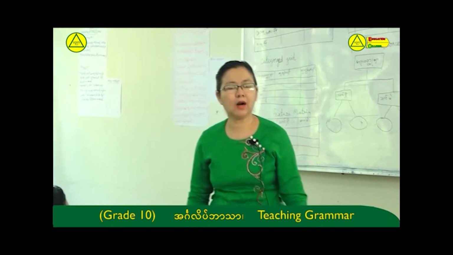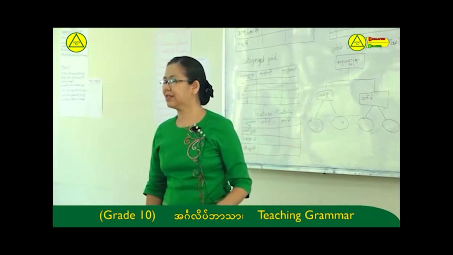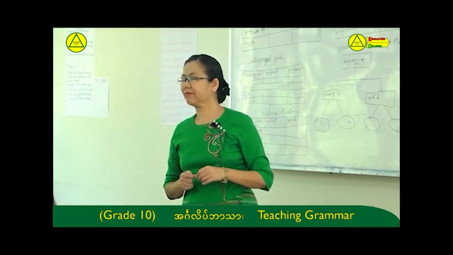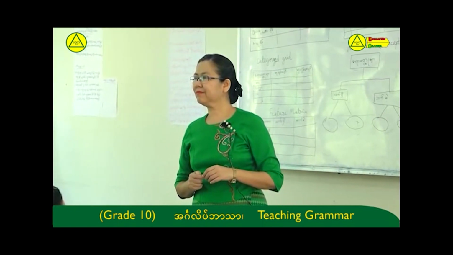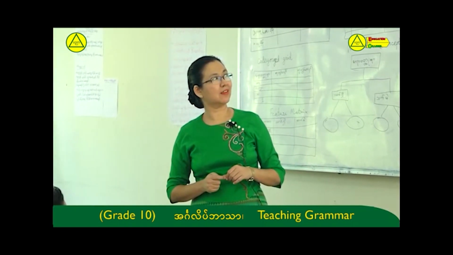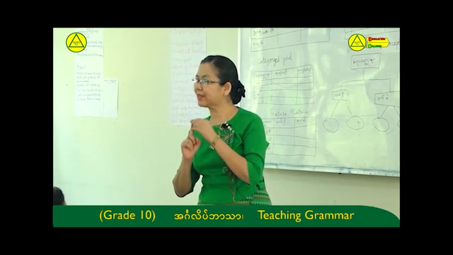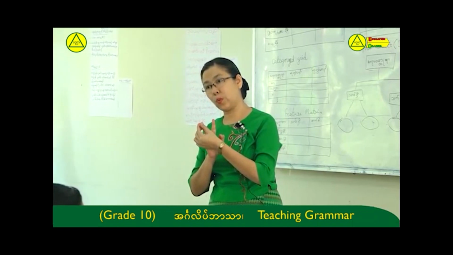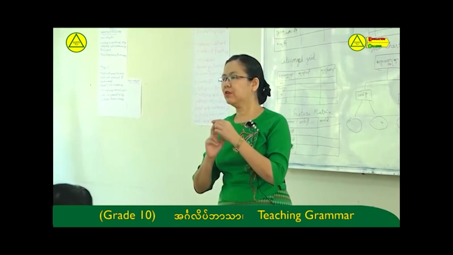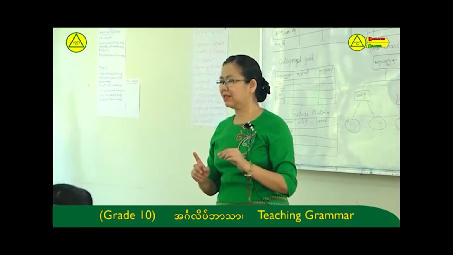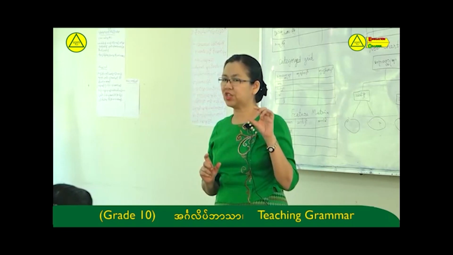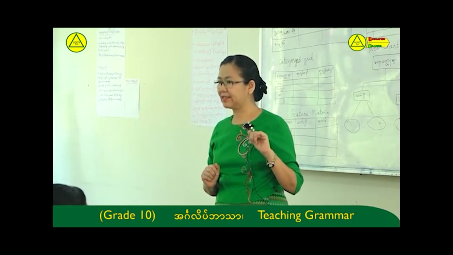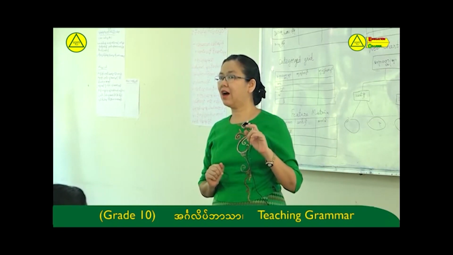Okay, how are these sentences different? In the first sentence, we use the conjunction if. In the second sentence, we use the conjunction when. Do you think the meaning of these two sentences changed? Yes. How are they different?